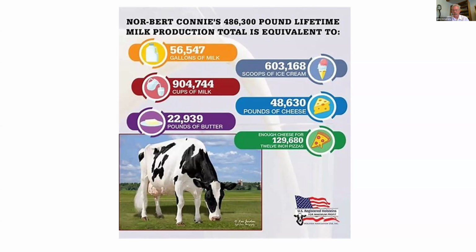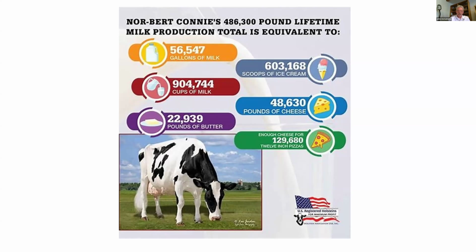But I was asked by a group of European scientists to talk about cow comfort. And I said, well, do you think a cow that's giving 200 pounds of milk a day for 300 days a year for 6 years isn't comfortable? That animal has to be well taken care of.